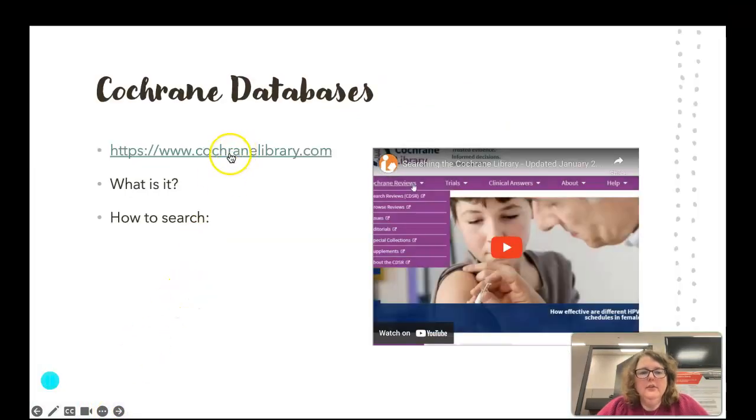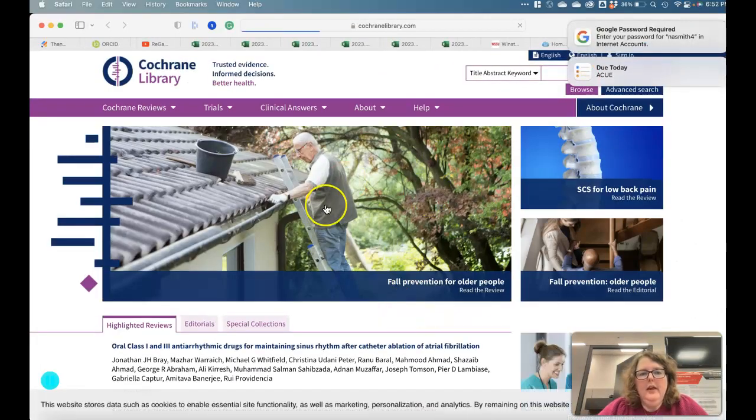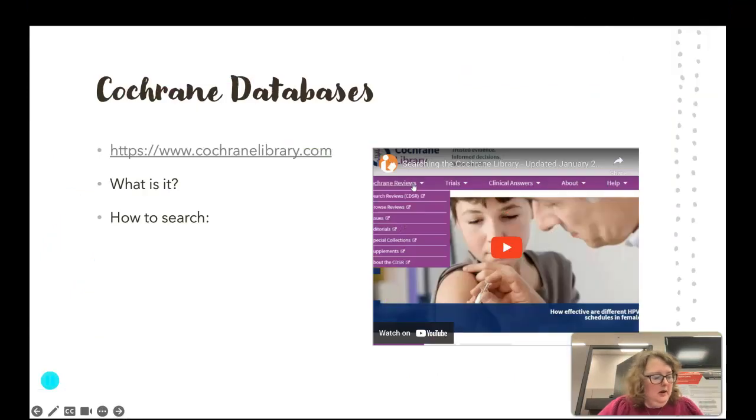You also have the Cochrane Library. The Cochrane Library is a library of systematic reviews, and it tries to give you clinically based information. The Cochrane reviews are systematic reviews, and it's a collection of databases that contain different high-quality independent evidence to inform healthcare intervention decision making.